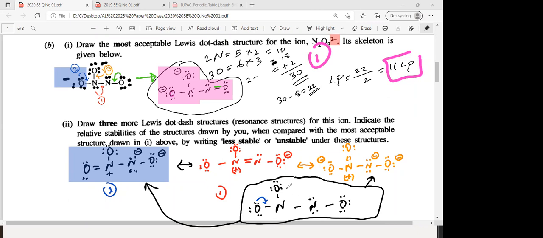That's how you get number 1. Here you get this one, the pink one, the yellow one, the blue one, and this is the pink one. Right? Did you get it? Because only that nitrogen is octet not reached. To make it octet, you can shift the lone pair from either side, either this oxygen or that oxygen. Is that clear?